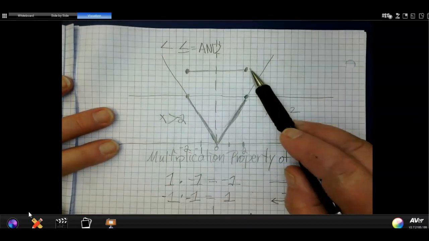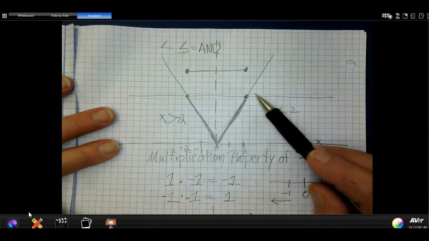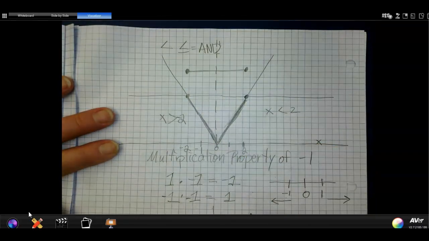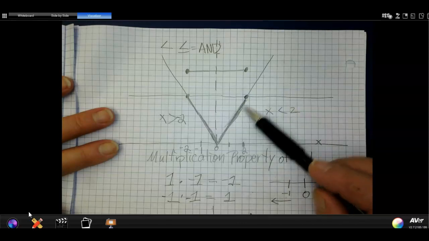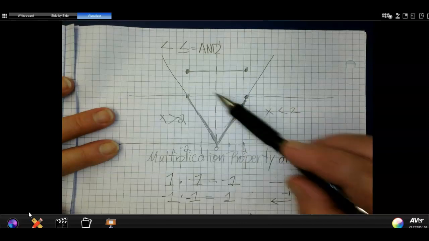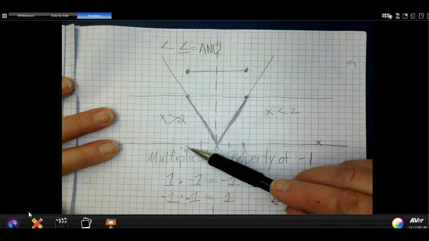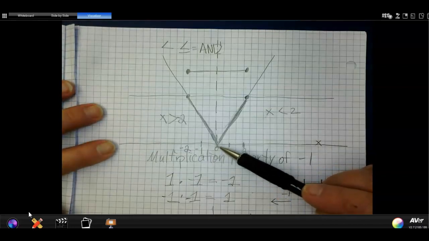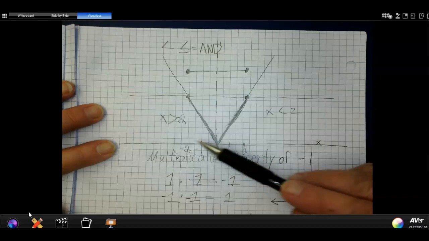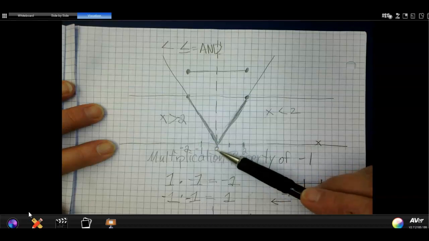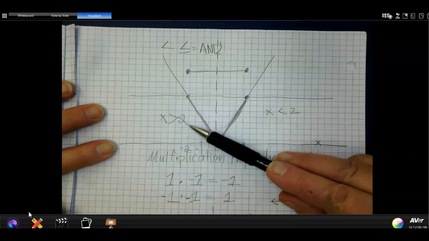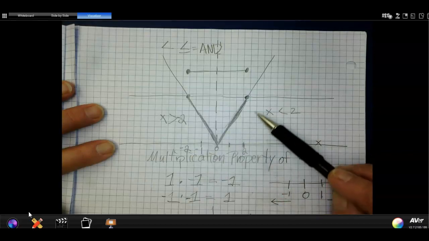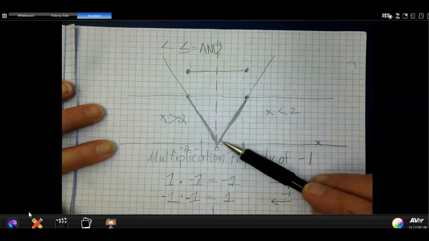Because when I'm solving an AND, I'm solving between the 2 endpoints. X is less than 2, but as these numbers get smaller, quote unquote, as the magnitude gets smaller, they actually are getting larger. So I'm actually moving in the direction of increase here. Here I'm going in the direction of decrease.